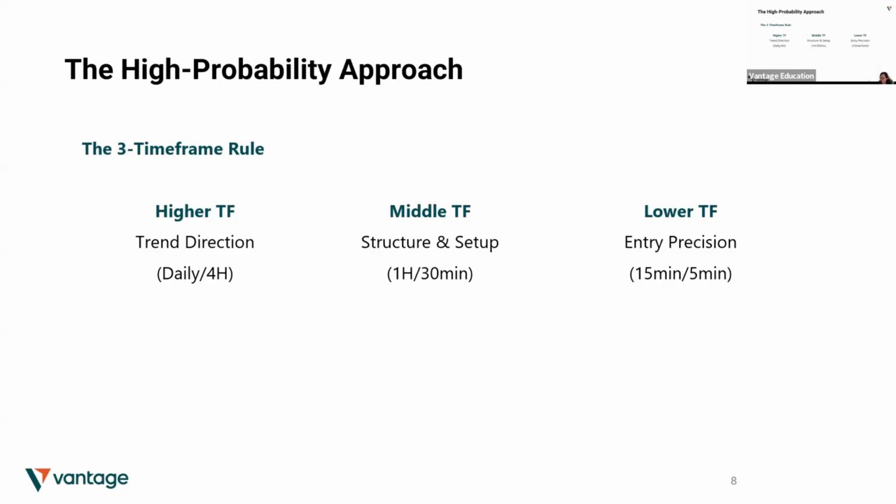The lower time frame for precise entry: you use M15 or M5. So identify trend direction on H4 and D1, look for the trade setup on H1 or M30, and use M15 or M5 for the precise entry.